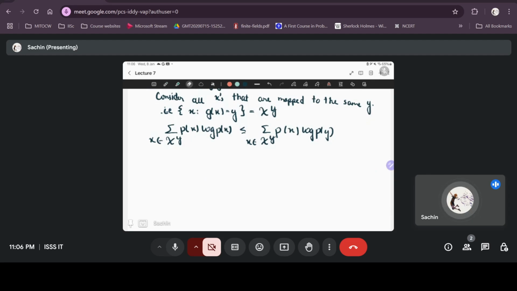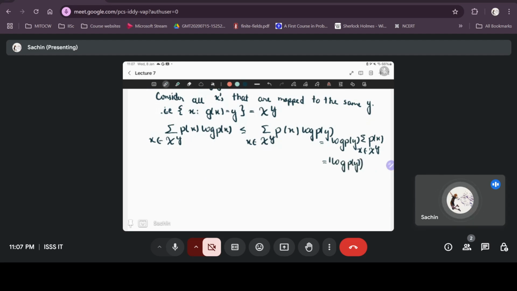But log p of y is one particular number. The summation is over x's, not y's. So you can take log p of y outside. So this will be equal to log p of y times the sum of p of x over all x in script x_y, and that sum is nothing but p of y.